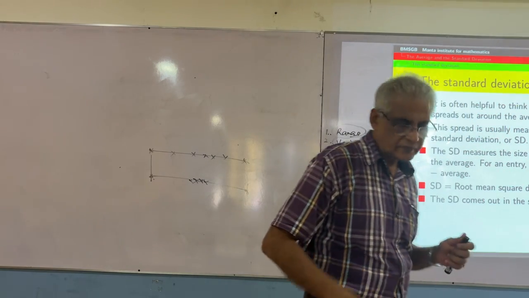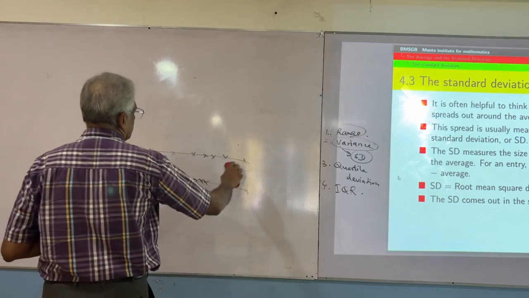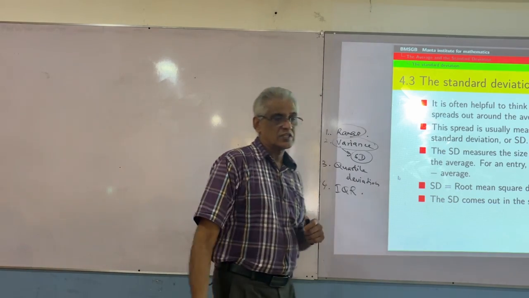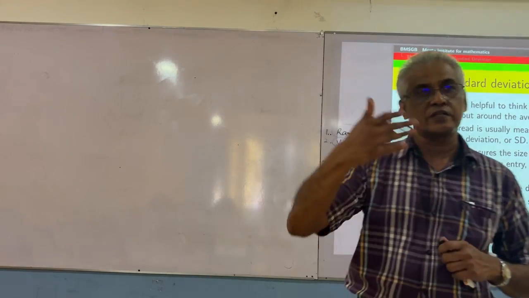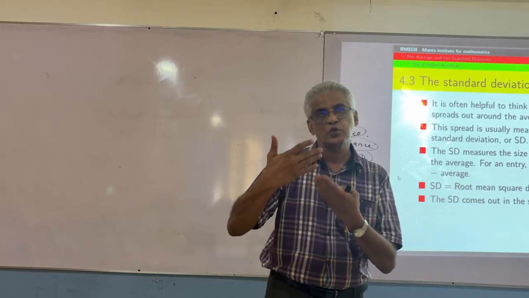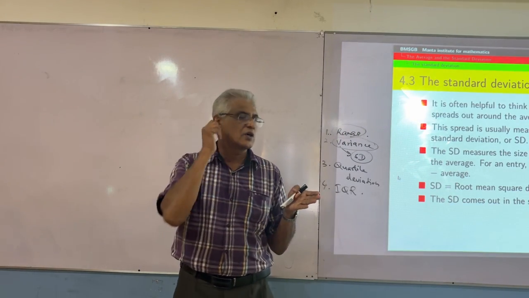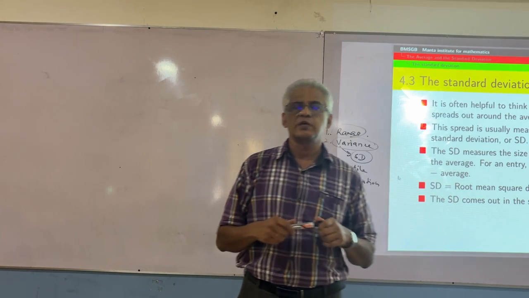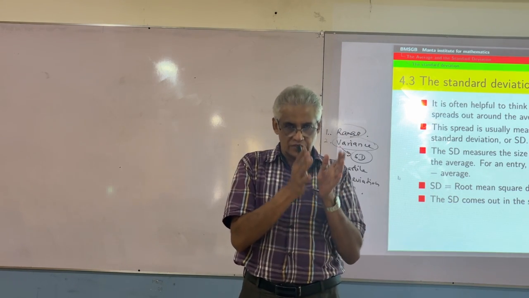So therefore when we talk about the spread actually it is meaningful to talk about the spread around your center. You have already chosen a center. Depending on the shape of the histogram, probably if the histogram is symmetric, you will choose the mean as your center.